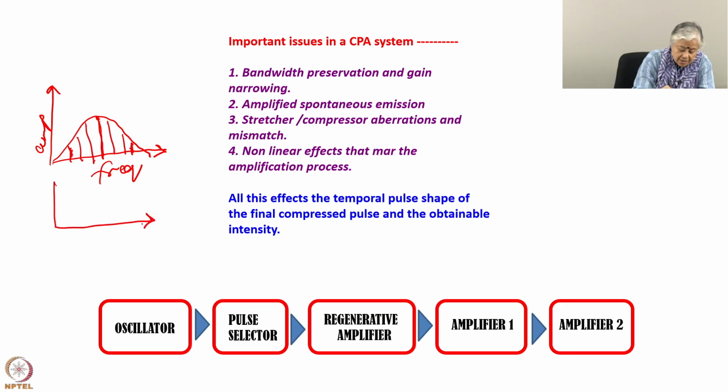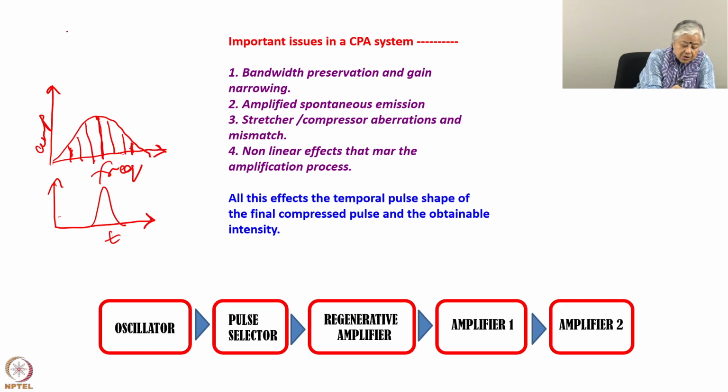This is my pulse in time. It picks up this frequency and it grows, while the ones at the side are not able to grow as much, but they will feed into this.